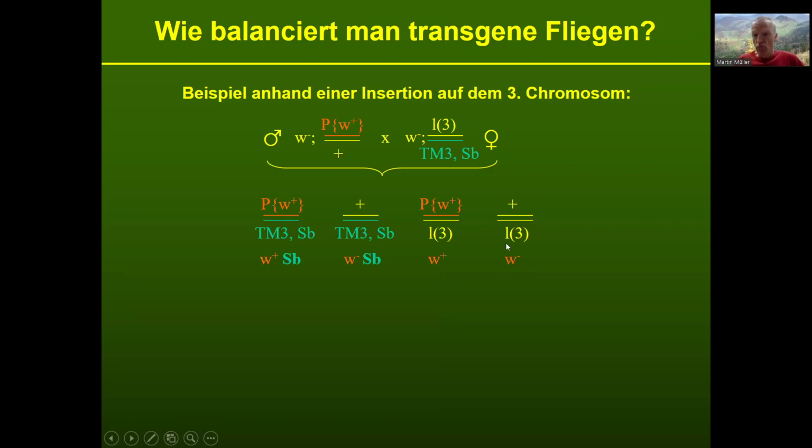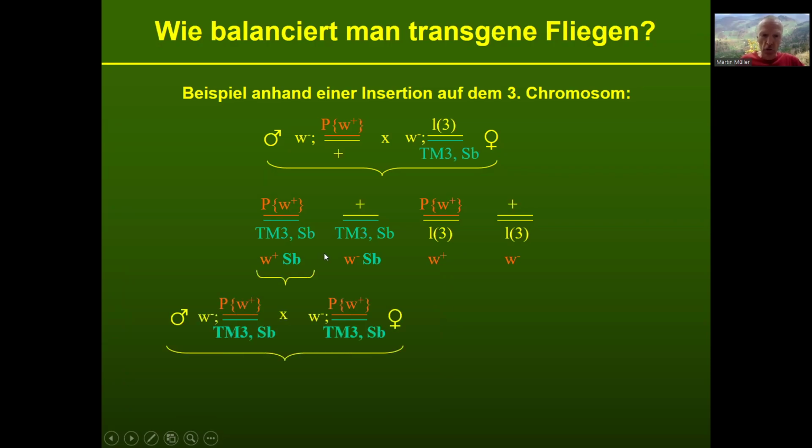So no insert on the third and also no balancer. So based on the phenotypes, we can now select those flies which are interesting to us. And these are, of course, these here, because they have now the red and the blue chromosome in the same fly.